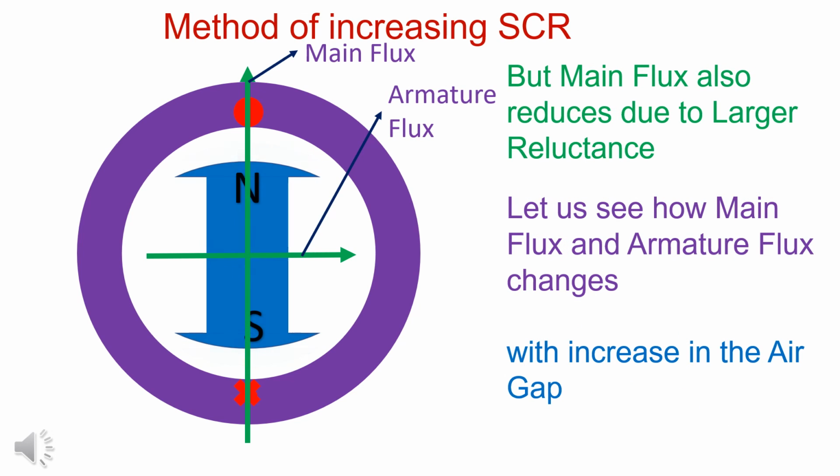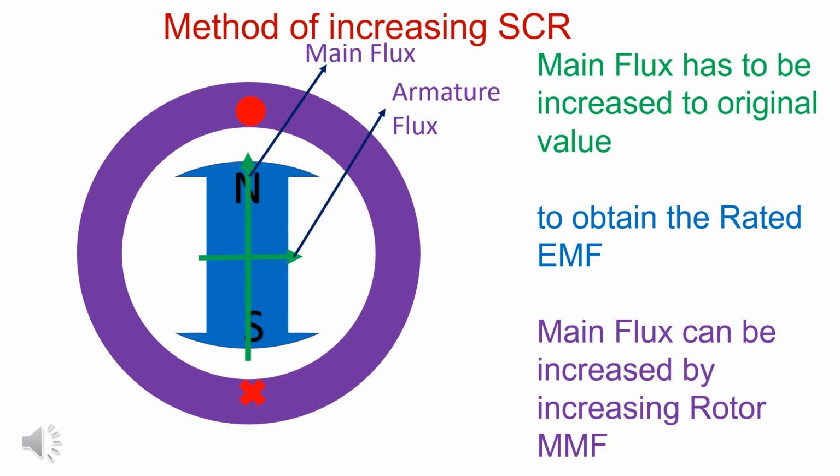But when air gap is increased, main flux also reduces. Main flux is required to be increased to the original value so that we get the required EMF. Main flux can be increased by increasing rotor MMF.